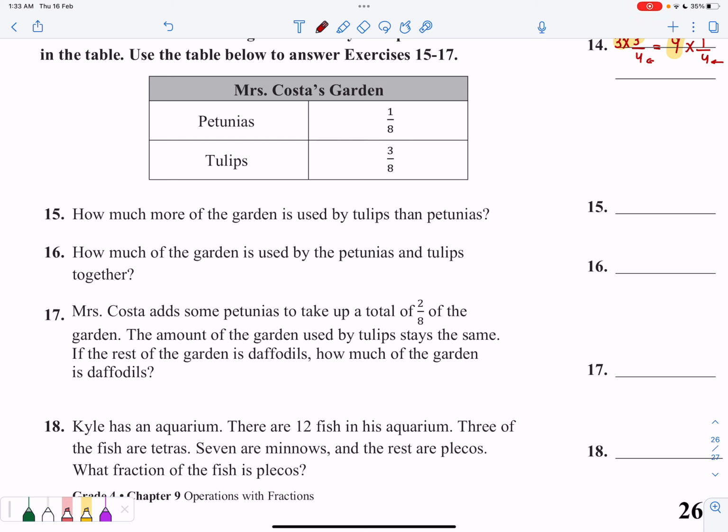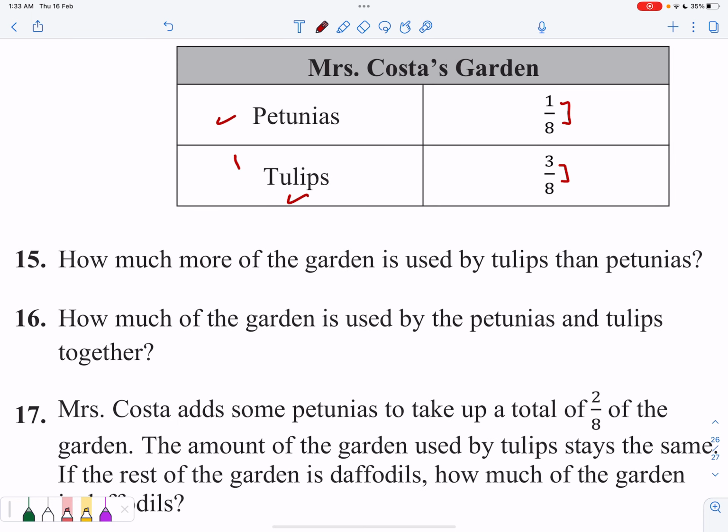So the petunias represent 1/8 of the flowers that he has in the garden. And the tulips are represented by the fraction 3/8. Okay, so these are different kinds of flowers. I guess the tulips can be drawn like that, something like that. And here's the other flower.